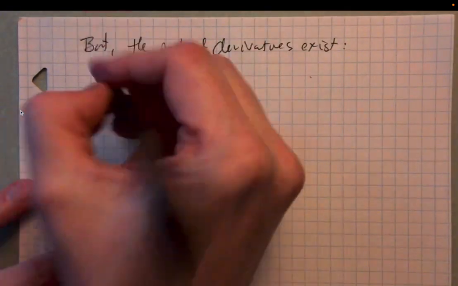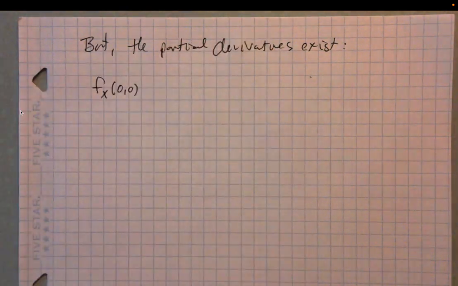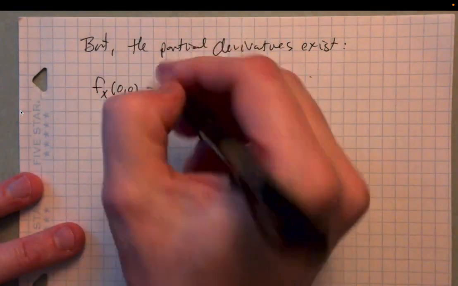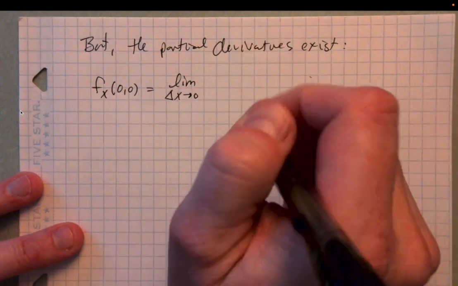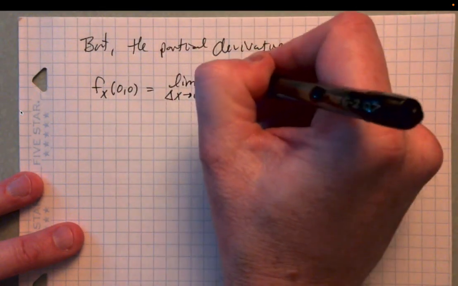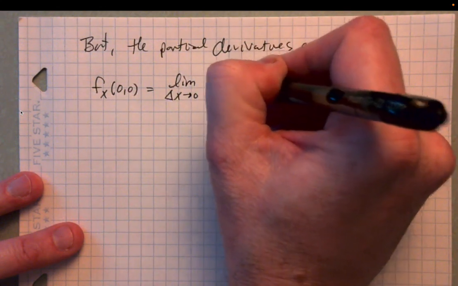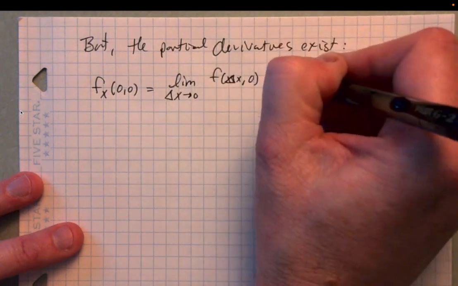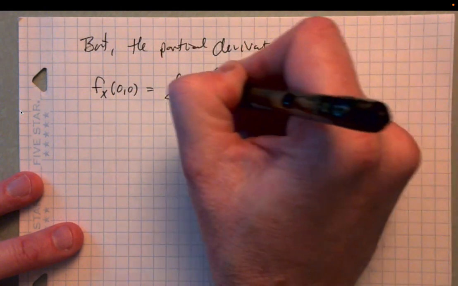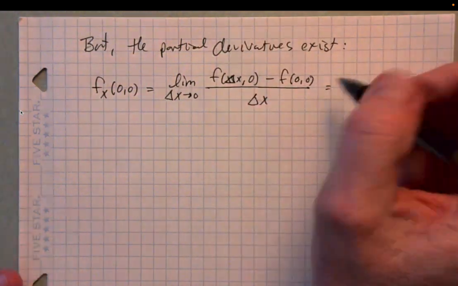Okay, so let's take the partial derivative at 0, 0 with respect to x. This is going to be equal to the limit as delta x goes to 0 of f of delta x, comma 0 minus f of 0, 0 divided by delta x. All right, now what's going to happen here?